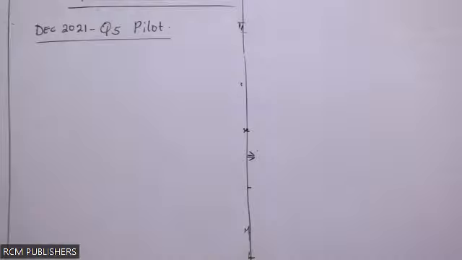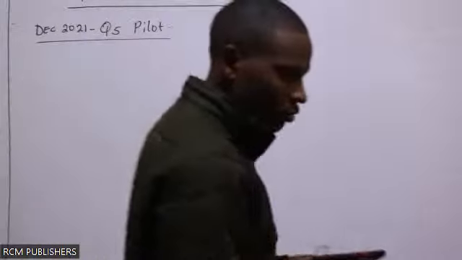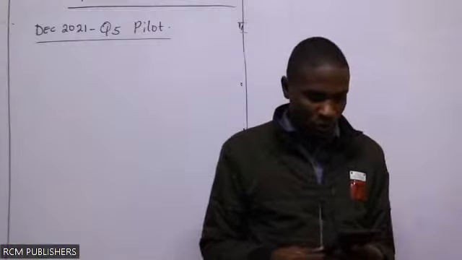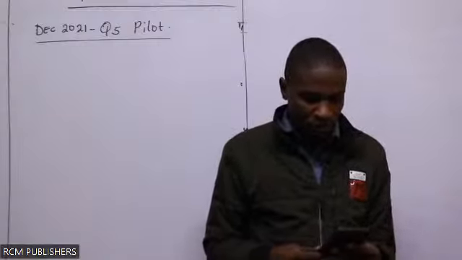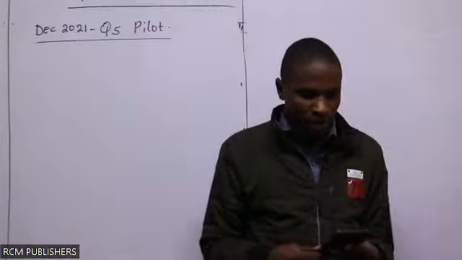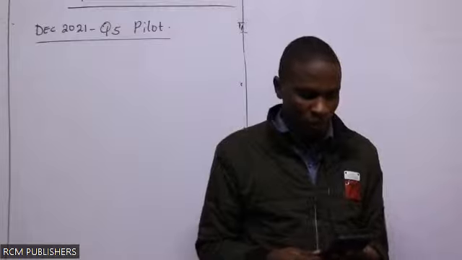Good. So allow me to go through the question. The management board of Haan Limited is reviewing the performance of the company for the year ended 30th June 2021 relative to 30th June 2020.